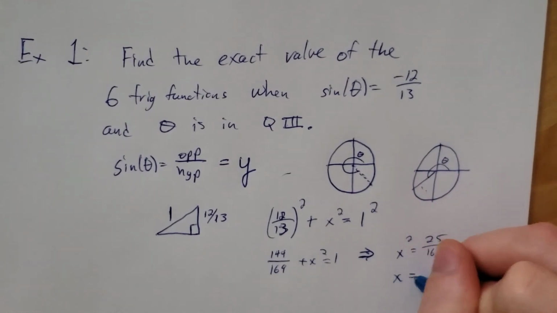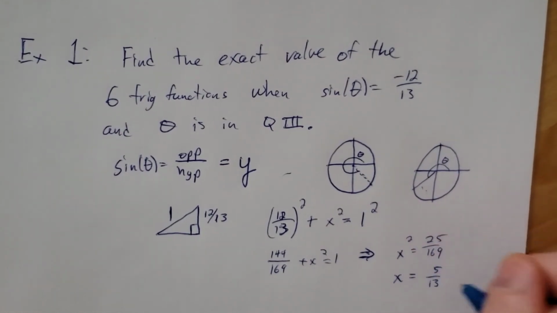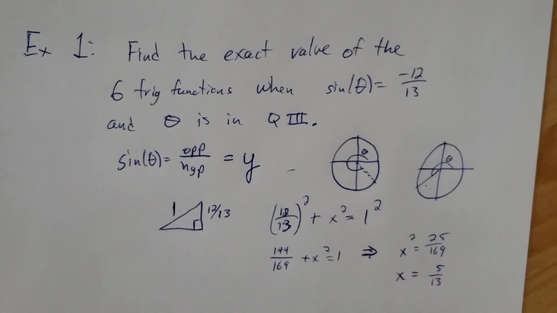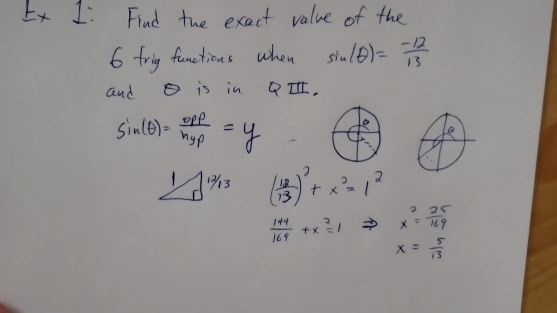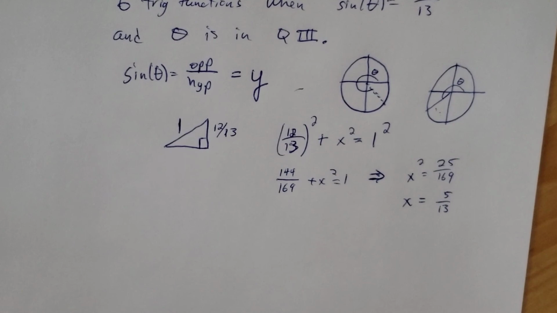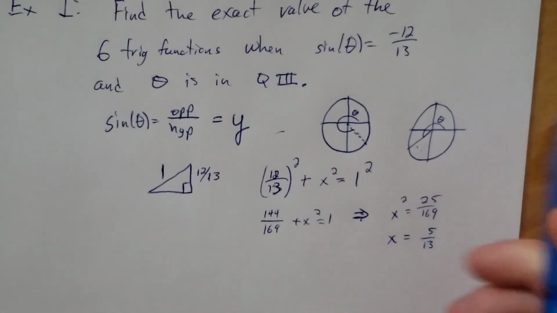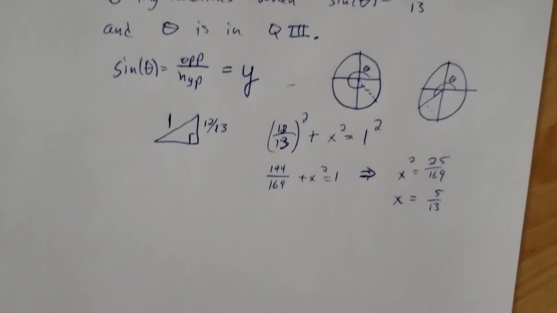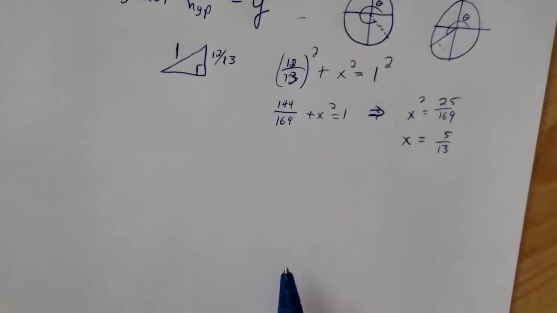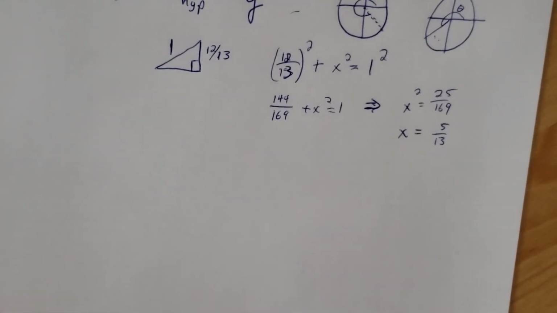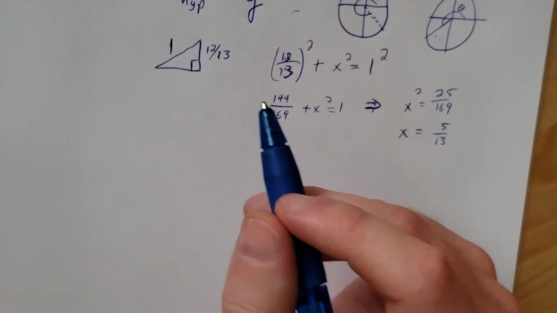And then x is 5/13 when we take the square root of both sides. So we know what sine is. We were given that in the first place. And now we can determine the rest of our 6 trig functions.